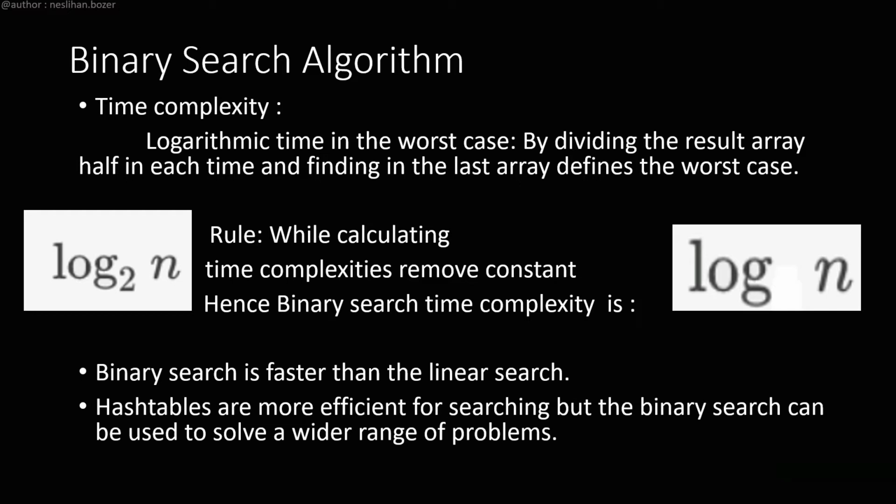While calculating time complexity, a rule of thumb is removing the constants, so binary search time complexity is accepted as log n. Binary search is faster than linear search. Hash tables are more efficient for searching because they return in constant time, but binary search can be used to solve a wider range of problems.